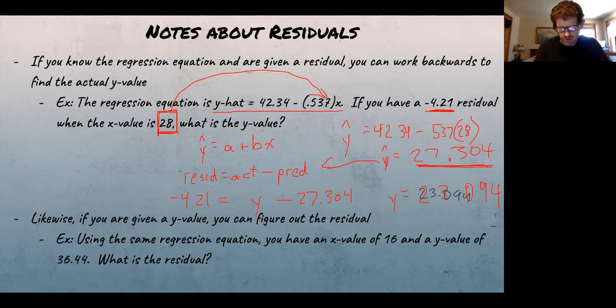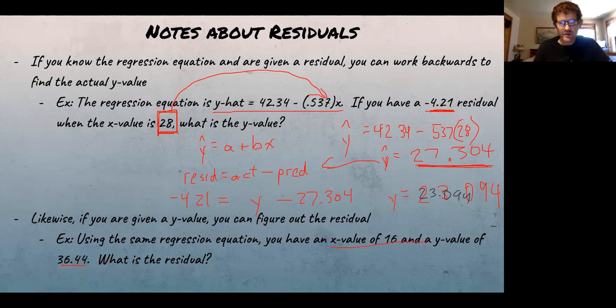I'm not going to actually do the calculations on this one, but I'll just set up the problems. Using the same regression equation as above, you have an x value of 16 and a y value of 36.44. What is the residual? So the important thing to point out is that this is an actual point. That's an actual dot on your graph.